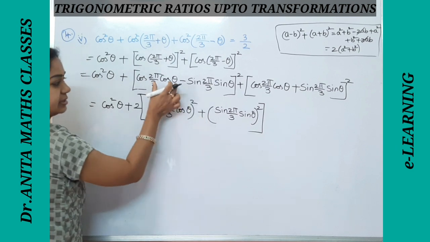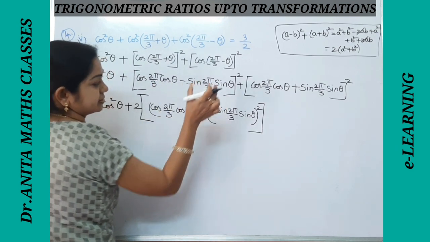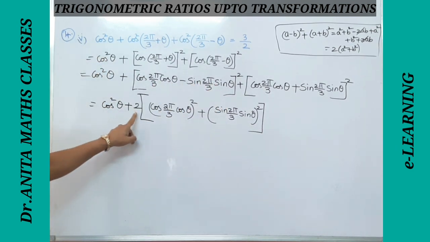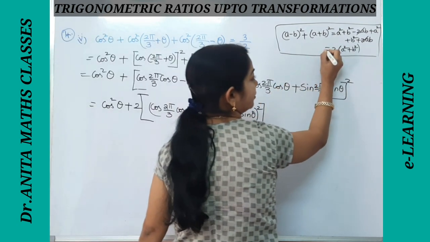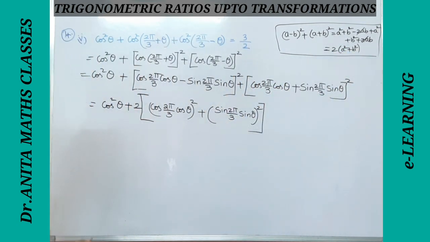So this complete thing is A, this is B, right. So I got it as 2A square, and similarly 2B square we have written.